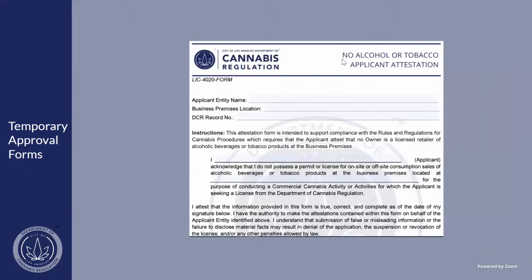We also have an attestation for no alcohol or tobacco. Commercial cannabis businesses are not allowed to sell alcohol or tobacco at the site, so this is making sure that the owners of that business understand that they're not allowed to engage in alcoholic beverage or tobacco product sales at the business premises.